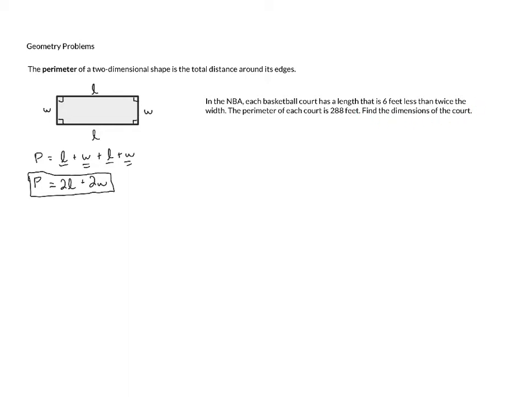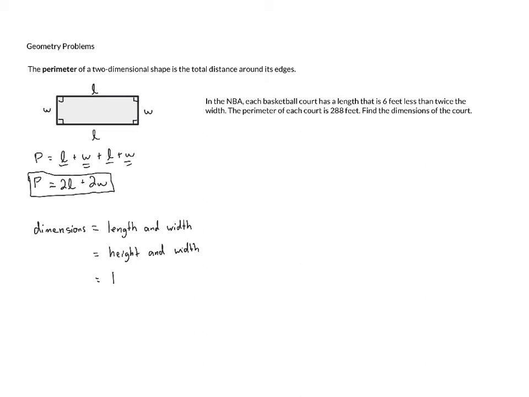Now we need to have a discussion about dimensions. When we're asked for the dimensions, what that means is the length and the width. If we're looking at a rectangle that has a length and a width, if we're looking at something that's hung up on the wall like a picture, we might have height and width.